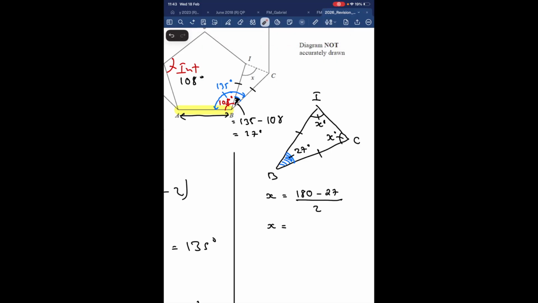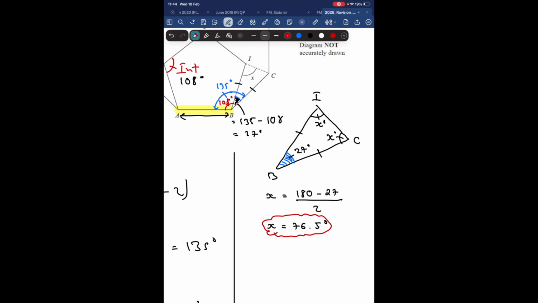This is a typical calculation that you will do for isosceles triangles because the base angles are always going to be equal to each other. If I do that calculation, 180 take away 27 divided by 2, I end up with 76.5 degrees. And that is going to be the value for x.